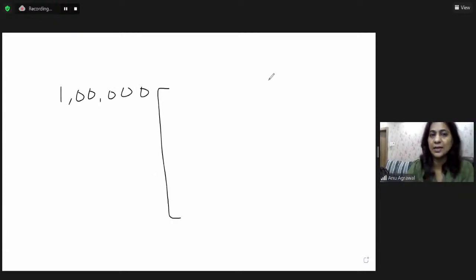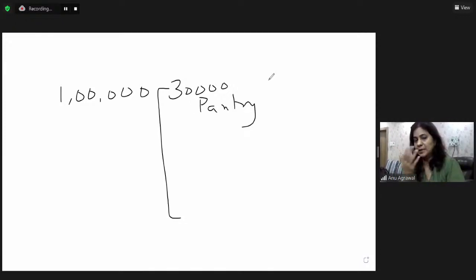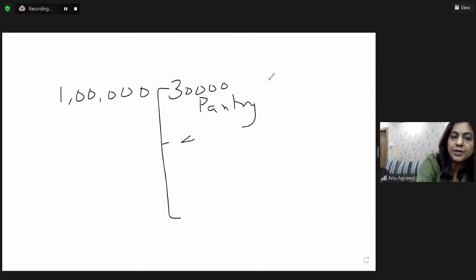When we analyze this 1 lakh rupees, we found 30,000 relates to pantry expense, tea, coffee, and all those things, right? 40,000 was relating to treating the guests.